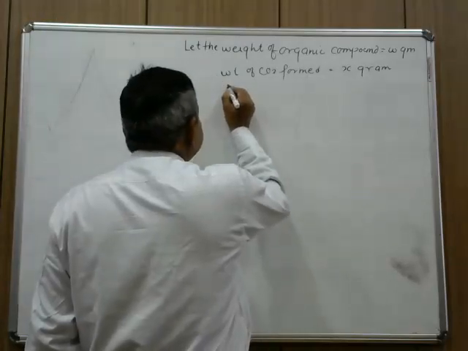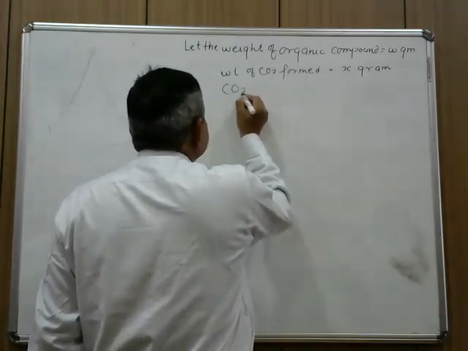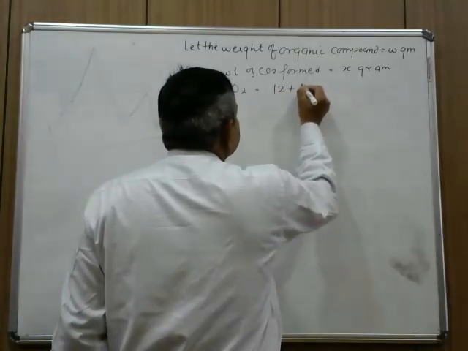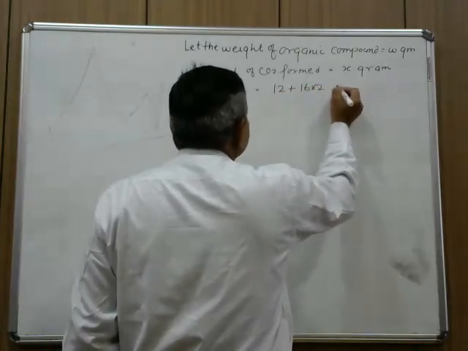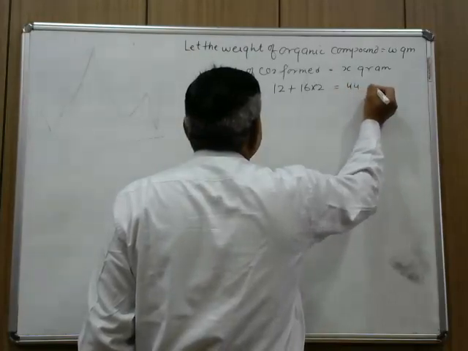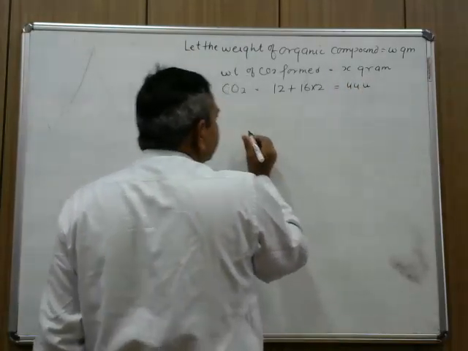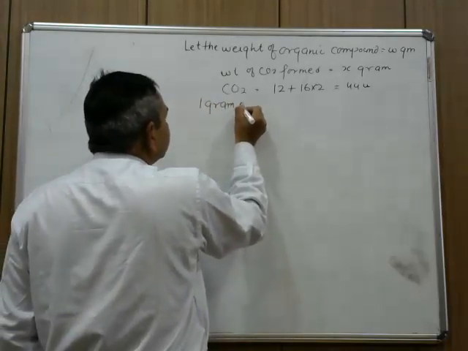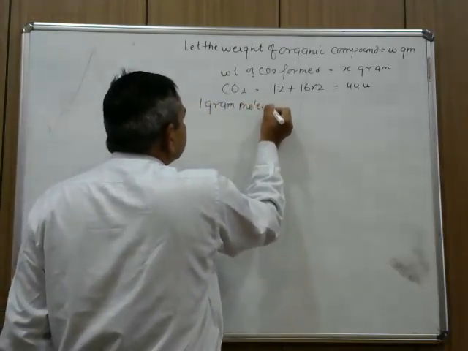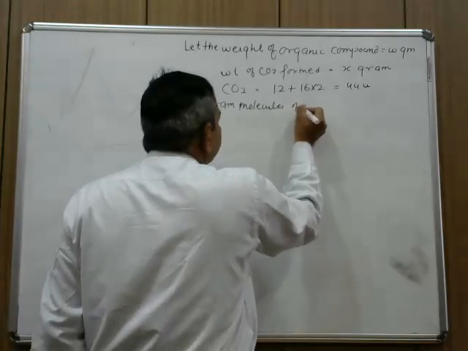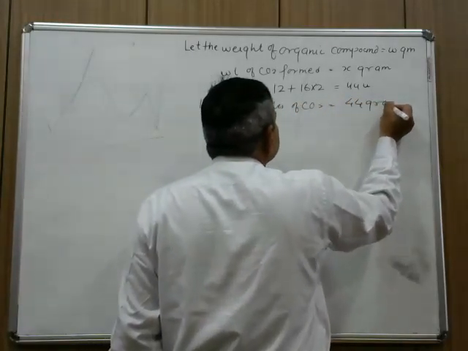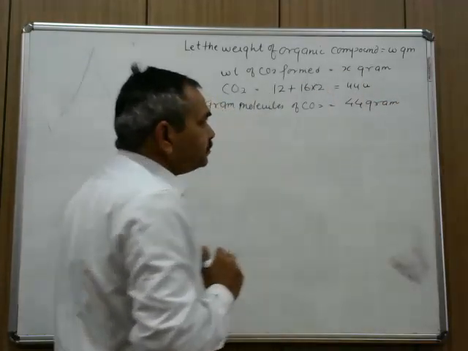According to the mole concept, CO2 is 12 plus 16 into 2, that is 44 u. So 1 gram molecule of CO2 will weigh 44 gram.